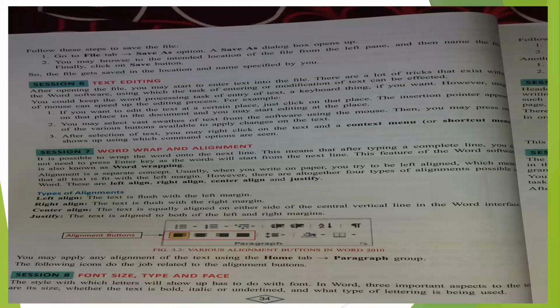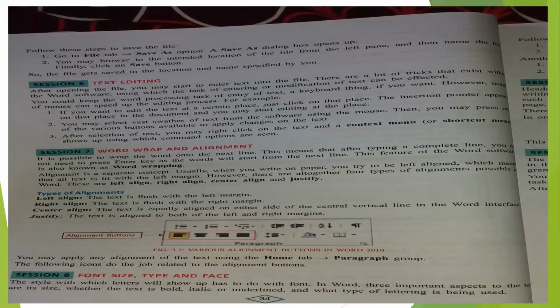Text editing means whenever you are editing the written text, for example, you want to make your text uppercase, lowercase, or sentence case, or you want to increase the size or change the color, anything. After opening a particular file, whatever editing you are doing is known as text editing.